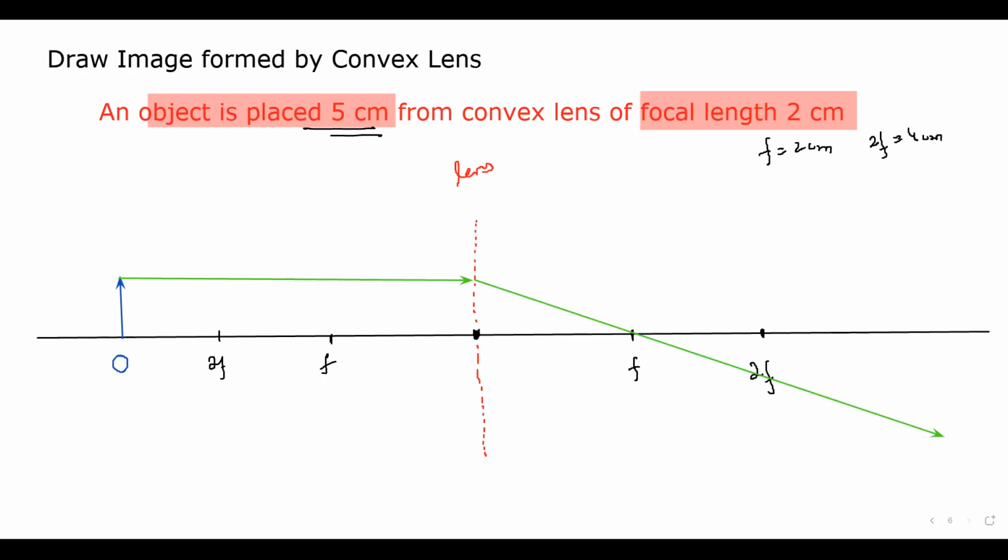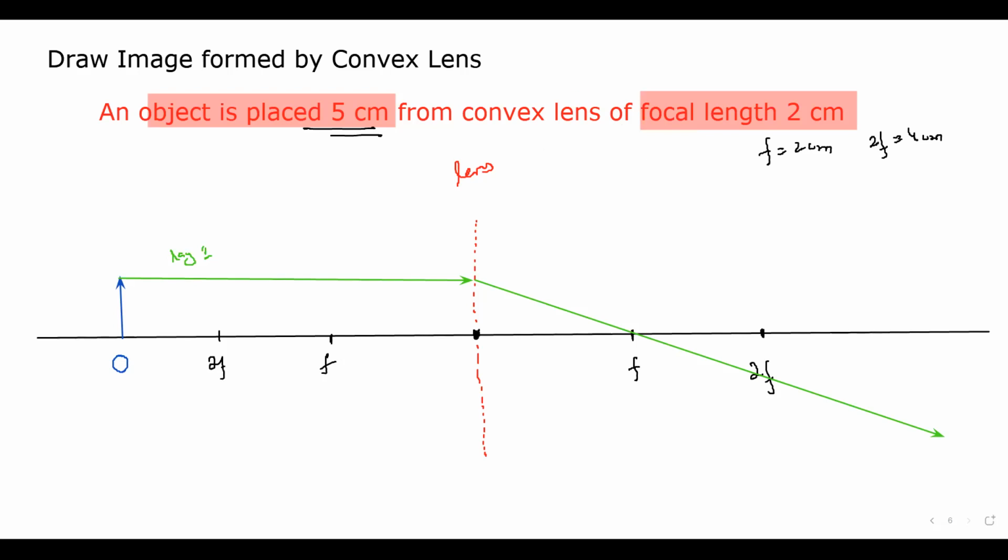Is it clear till this point? So first draw ray 1, which is parallel to the principal axis. From where will it pass? It will pass through the focus.